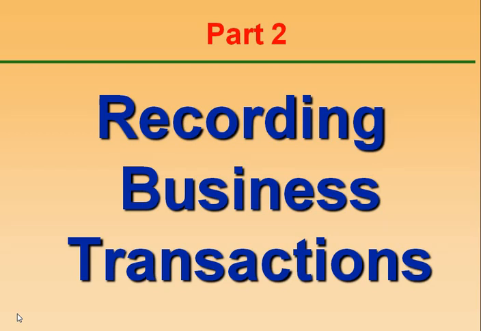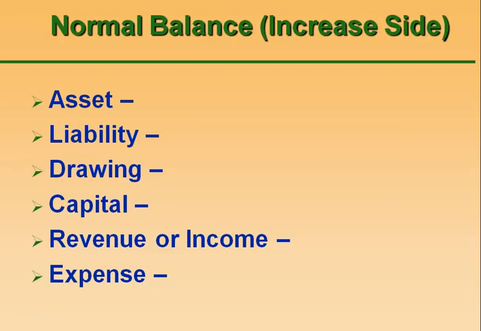But before we begin the problem for journalizing, let me test you first about, of course, the normal balances. What is the normal balance or increased side of an asset account? Debit. That's correct. What is the normal balance of a liability account? Credit. How about capital?